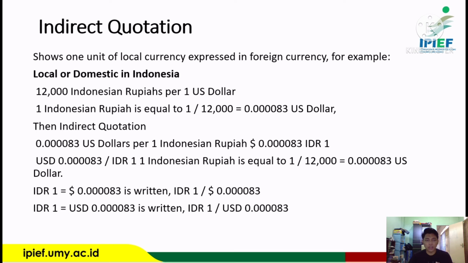The indirect quotation is 0.00083 US dollar per 1 Indonesian rupiah, which means one IDR, our currency, is equal to 0.00083 dollar, as written in my presentation.